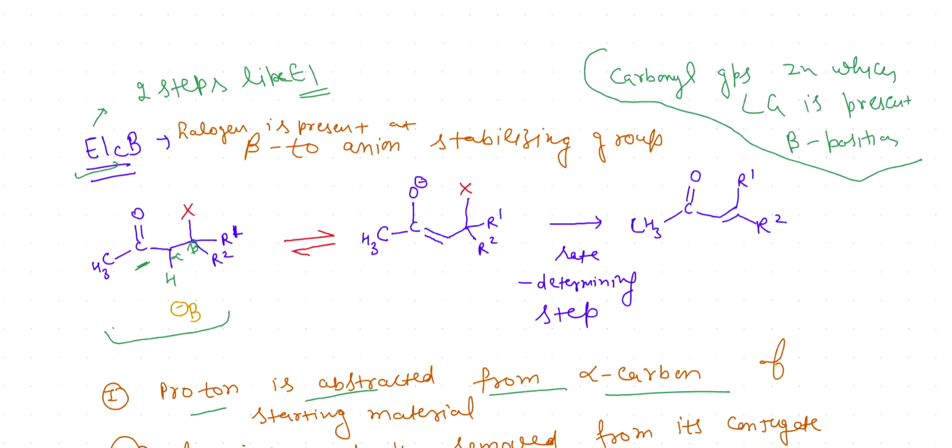So this is our starting material. From here, the proton will be abstracted. Let me draw the structure. CH3, C double bond O, negative charge on this carbon, X, R1, R2. So there is formation of an anion.